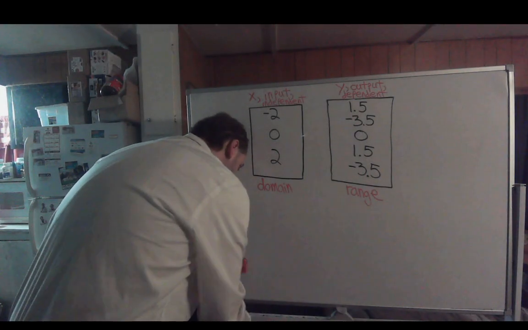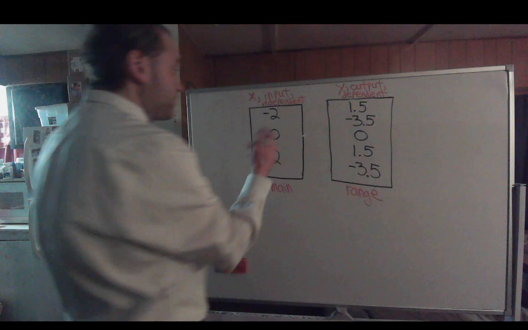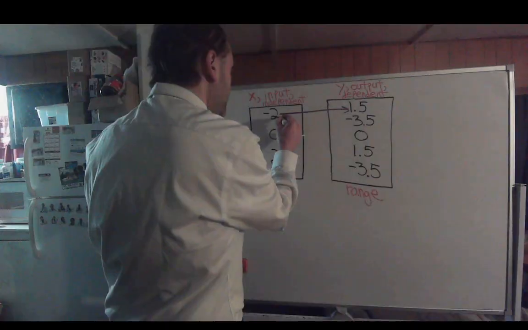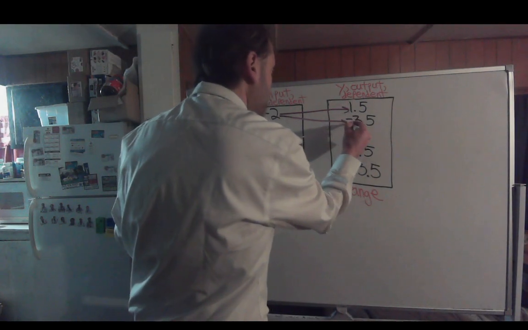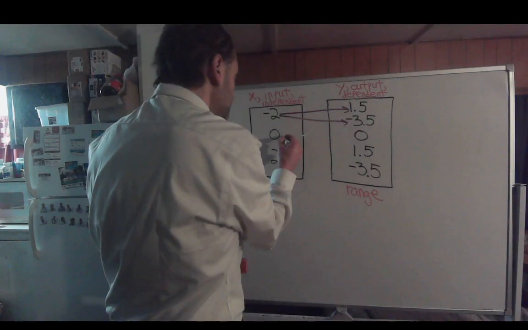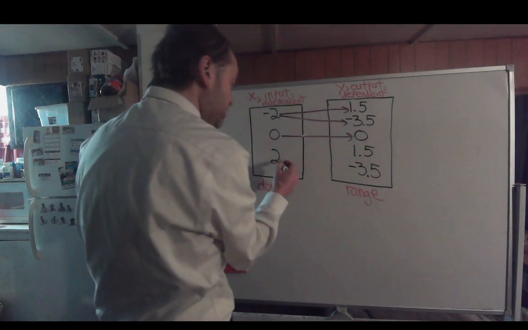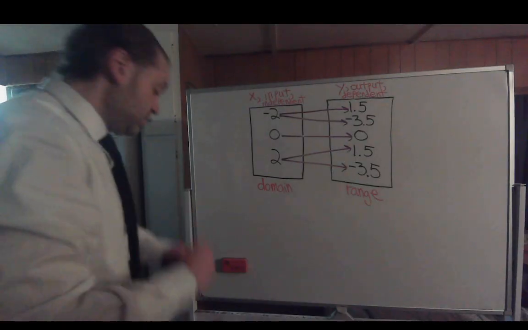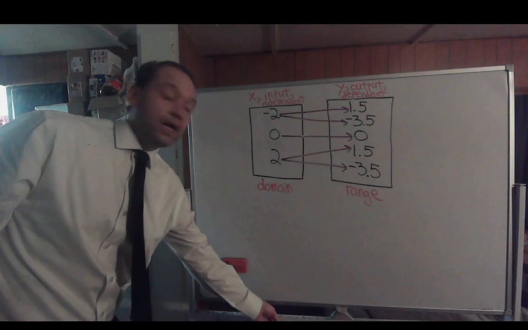Now here's how they're going to relate. So -2 corresponds to 1.5 as well as -3.5. 0 only corresponds to 0, and then 2 corresponds to 1.5 and -3.5. So let's look at this relation, okay?